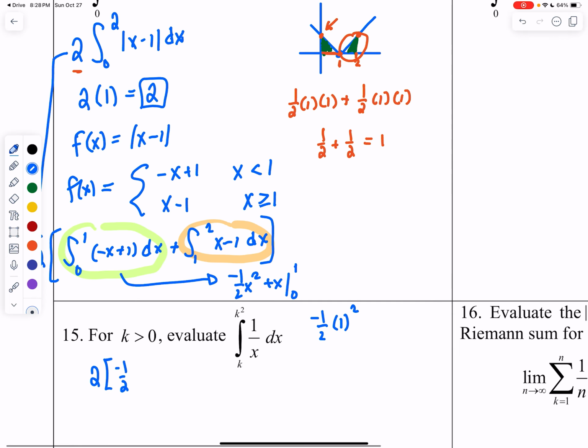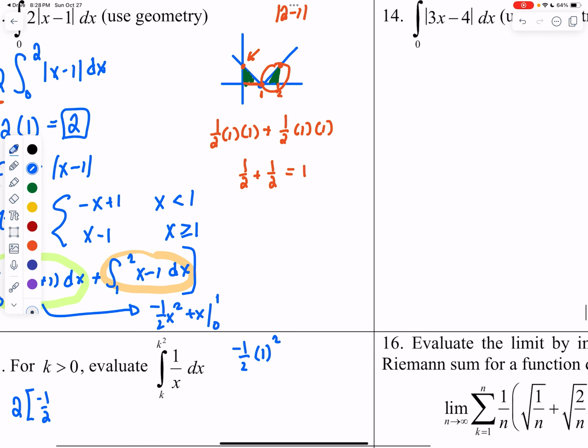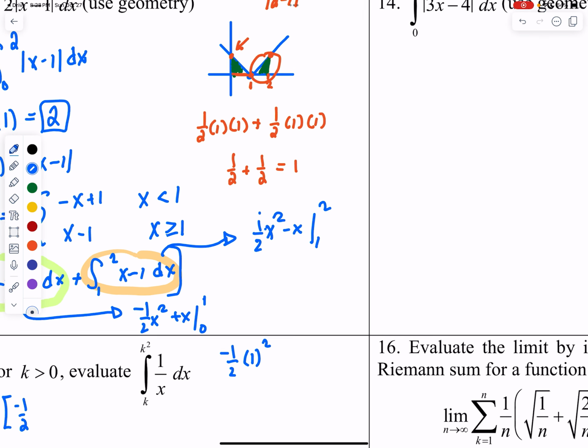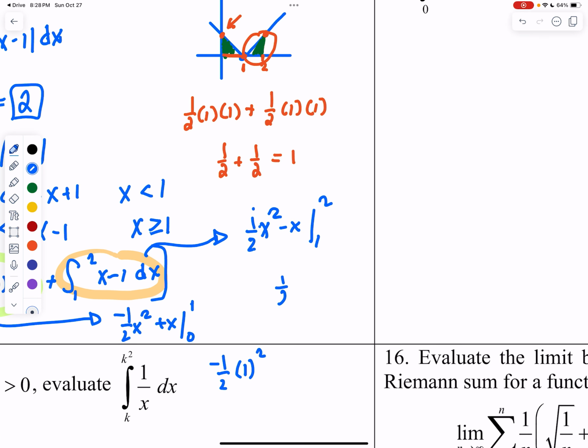Okay, and then I have the integral from 1 to 2. So this part's right here. That is going to be 1/2 x squared minus x from 1 to 2. I'm going to plug in 2 as my upper limit, and then I'm going to plug in 1 as my lower limit, my lower bound.